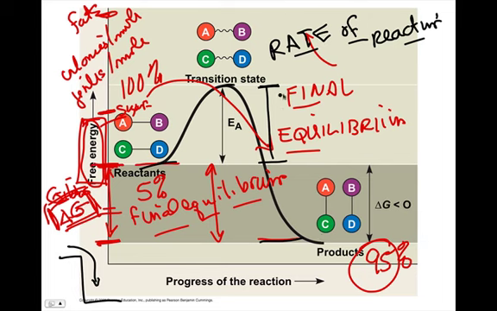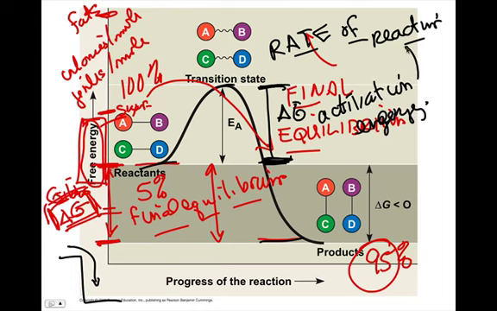And there's a delta G here, right? And that's called the activation energy. Activation energy determines the rate of the reaction. So we've got two measurements we can do on the y-axis: the delta G for the reaction itself, and that's going to determine the final equilibrium.